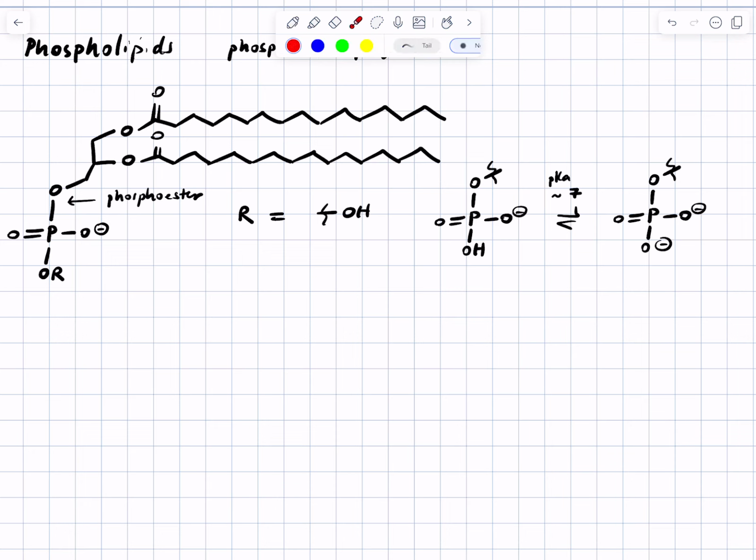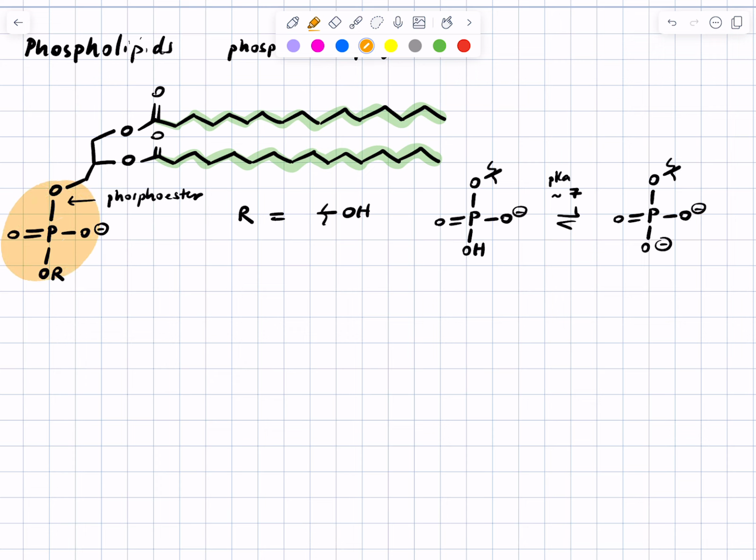So you'd expect this to have either 1 or 2 charges. So when R is just an OH group, you have a molecule that has 2 nonpolar tails, which I'll illustrate with the green highlighting, and then the head group is polar.